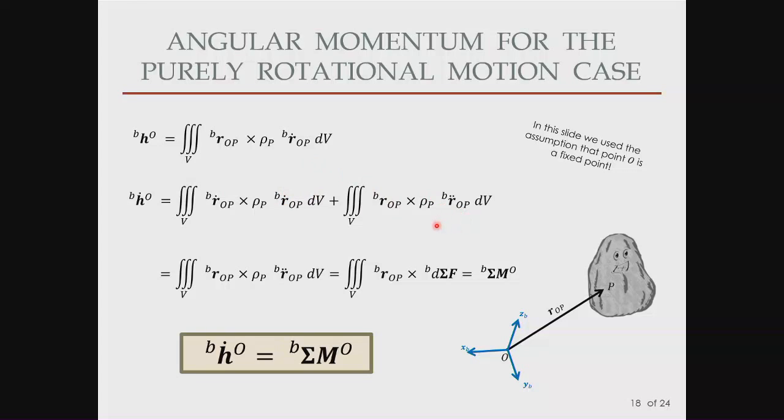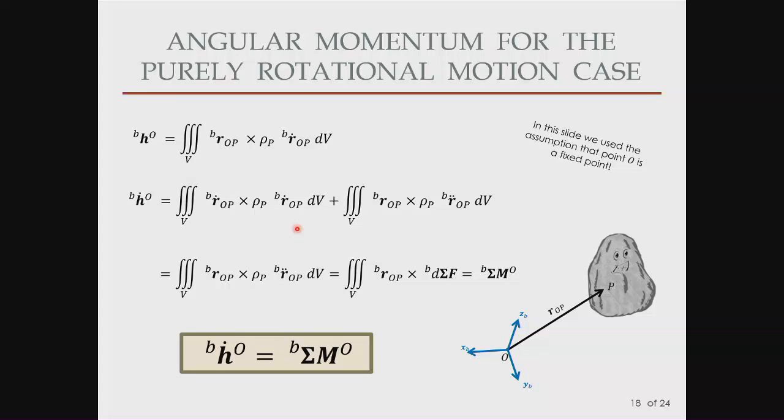And now let's look at these terms. This one here survives as is, right? And this one here disappears. Why does it disappear? Because r dot OP and r dot OP, this is a scalar, but both of these things are the same. So they are parallel, and their cross product gives you the 0 vector.